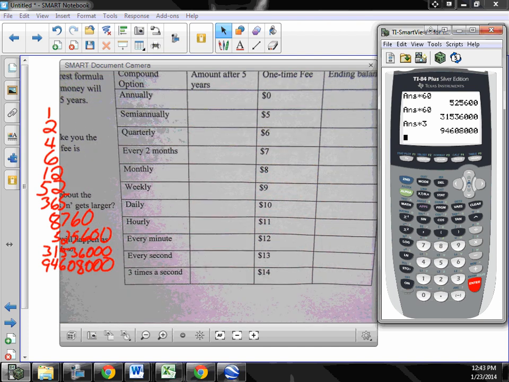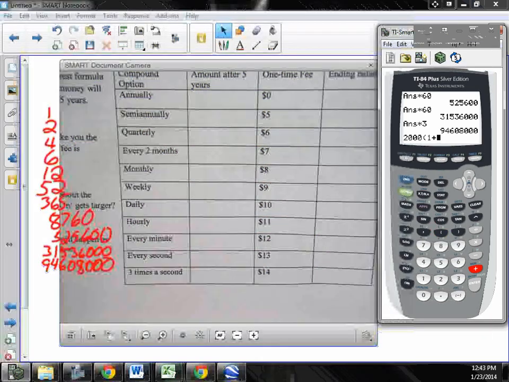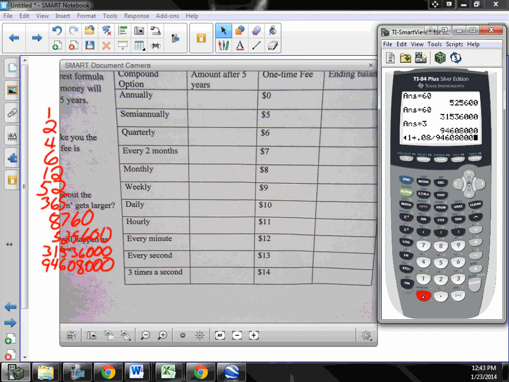So what do I plug in this equation for 3 times per second? We take our $2,000, times it by 1 plus the interest rate, 8% turned into a decimal is 0.08, divided by n, which in this case is 9,460,608,000, raised to, oops.